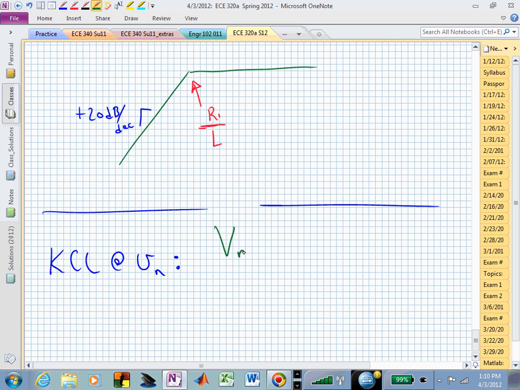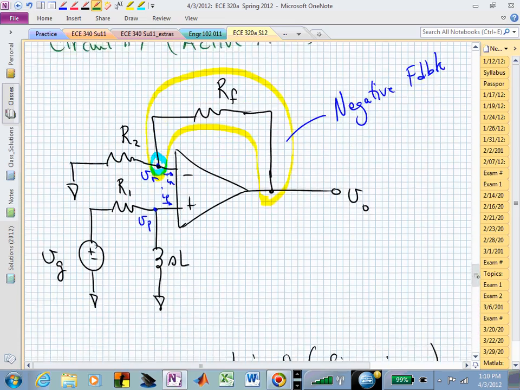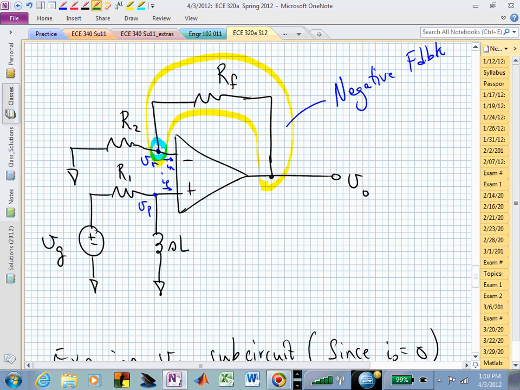We have V sub n minus 0 over R sub 2. That was the current going to the left out of that V sub n. That's connected to ground. Plus, what's the current going up or to the right through R sub f?